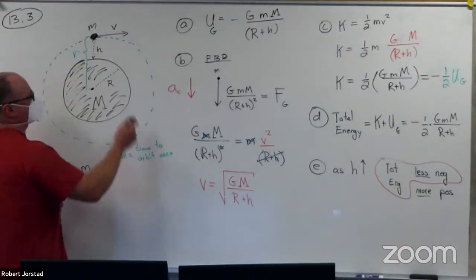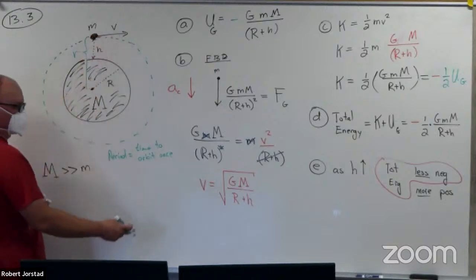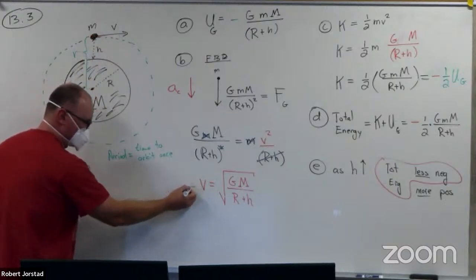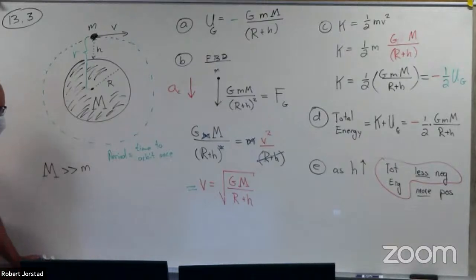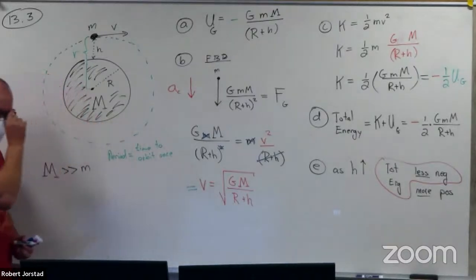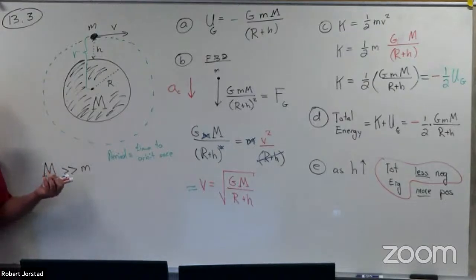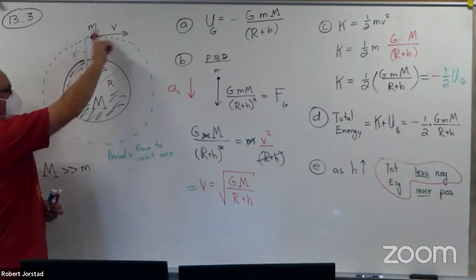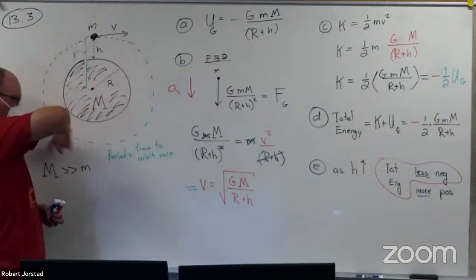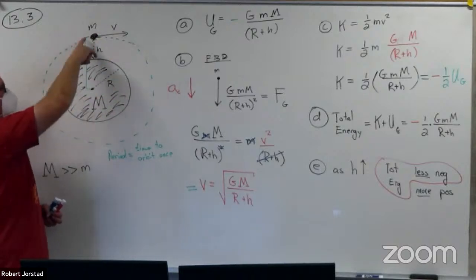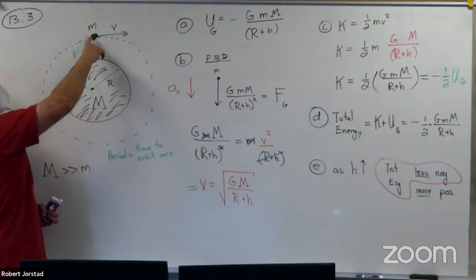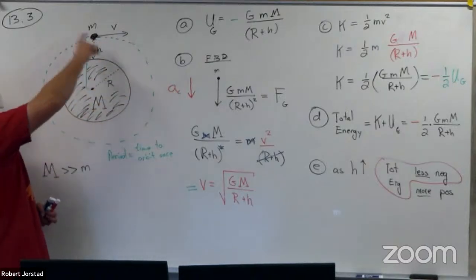Okay, so if this is a constant v, how does v relate to the period? Think about the units. What are the units of v? Meters per second. How many meters? Give me an equation for the meters. What's this?